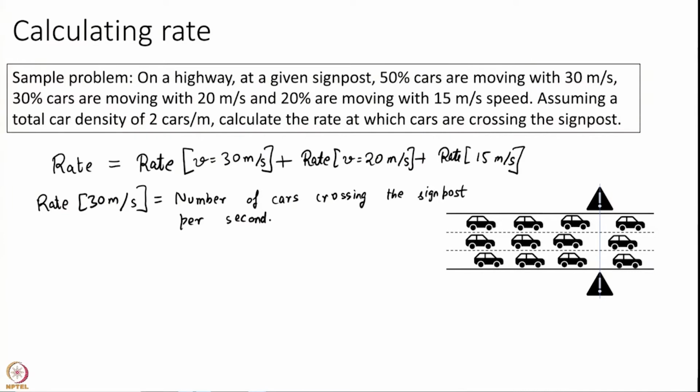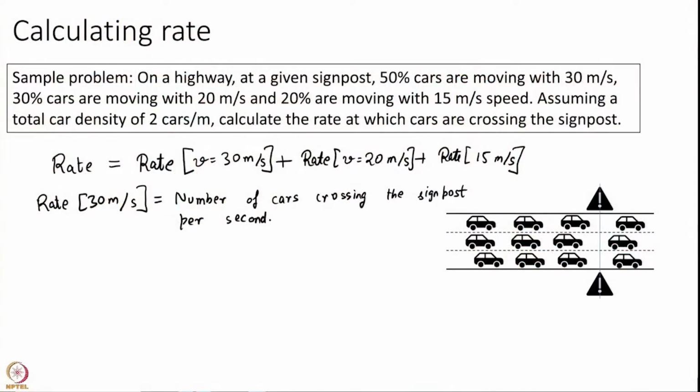Imagine you are sitting there at a toll booth at this signpost and every time a car travelling at 30 meters per second crosses by, you have a counter and you increase the counter by 1, and you find the number of cars that passed in 1 second. That is the rate, by definition. So how do I calculate this number?